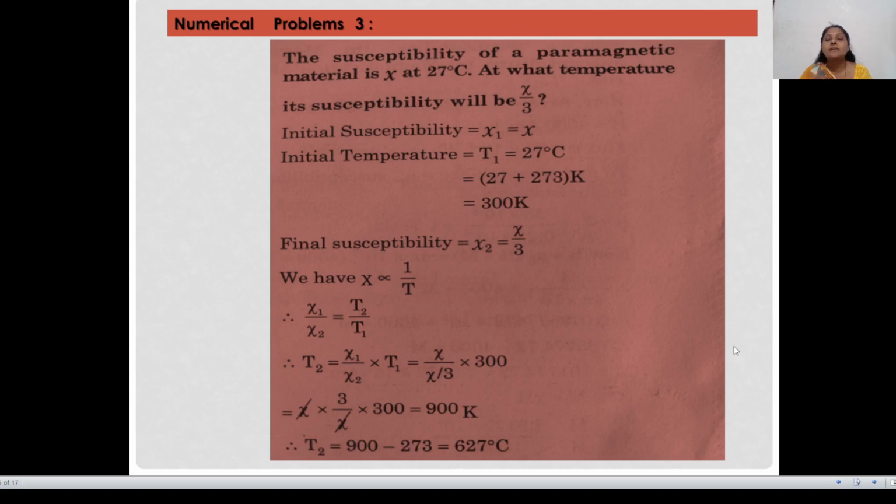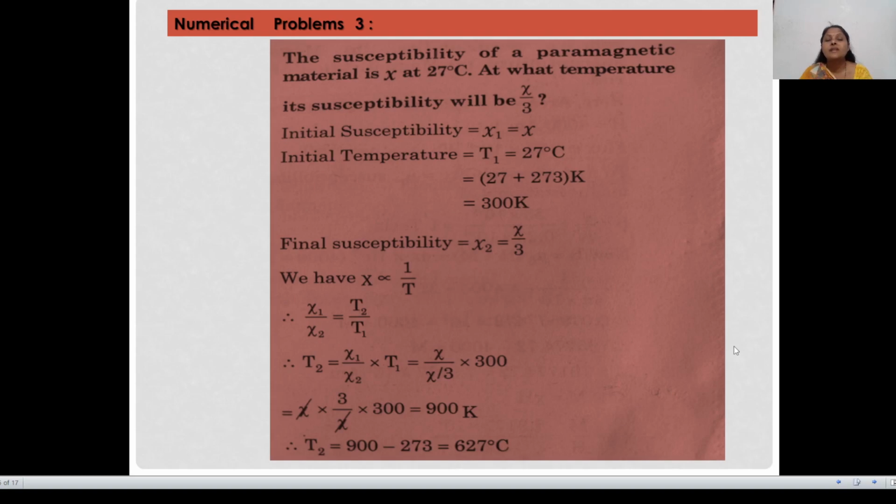Finally, susceptibility psi 2 is equal to psi by 3, and we know Curie's law: psi is inversely proportional to the temperature. That means psi 1 divided by psi 2 is equal to T2 by T1, and T2 is equal to psi 1 divided by psi 2 into T1.